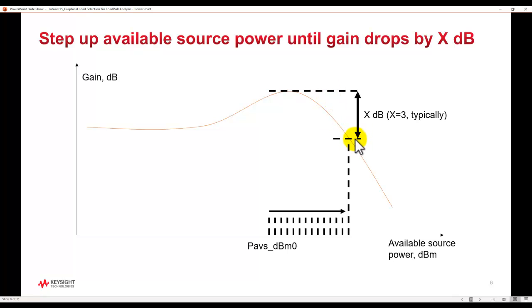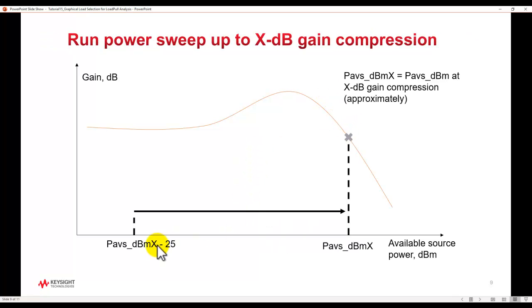So once you are able to achieve the 3 dB compression point to get a nice gain versus input power curve, it basically backs off that power by a certain amount, let's say 25 dB for example, and runs the whole sweep again, only stopping the sweep up to this point here.